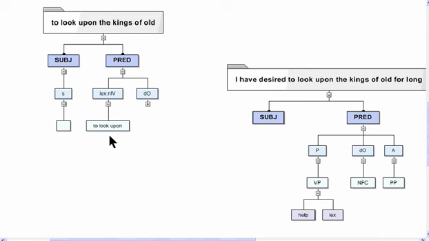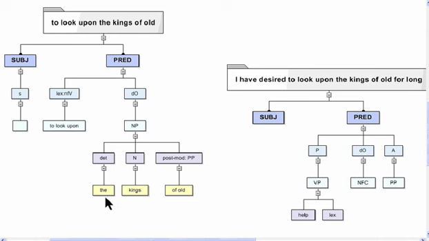It's like pick up, put down. It's a phrasal verb. So we just have this as a lexical verb, but it's non-finite because it has this to form. It's a non-finite lexical verb. And in the direct object, we have the kings of old.